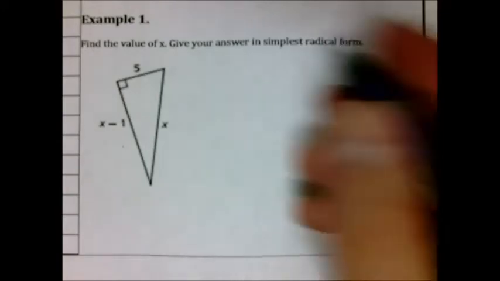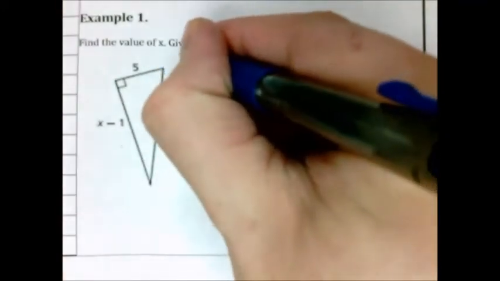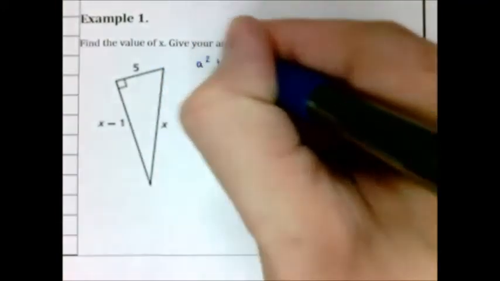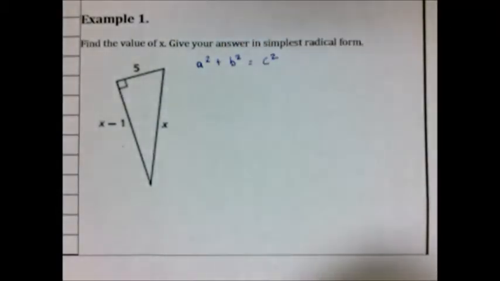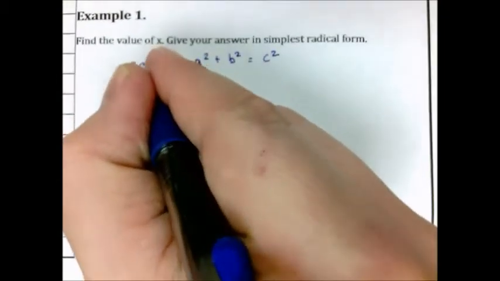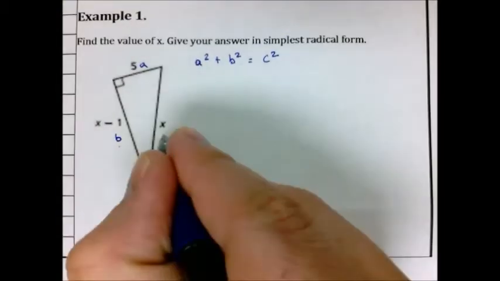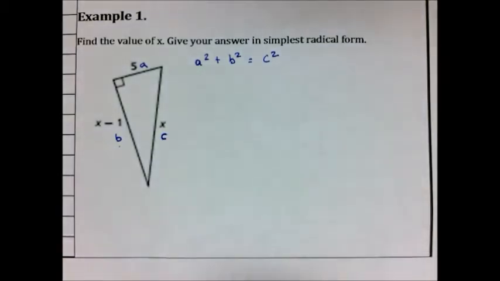First let's write down the Pythagorean Theorem. Again, it's a squared plus b squared equals c squared. Remember, a and b are the two legs of the right triangle. So this could be a, and this could be b, which means the hypotenuse, the length opposite the right angle, would have to be c.